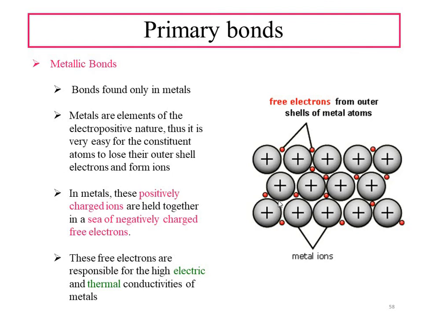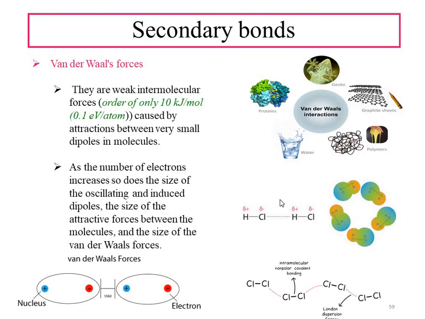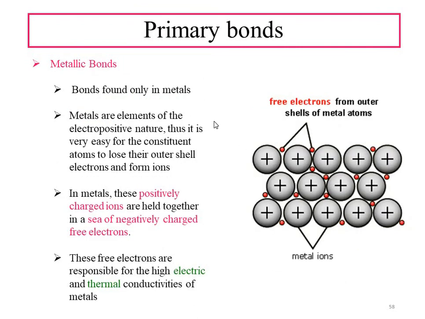So these three are the primary bonds: ionic bond, covalent bond and metallic bond, and it is very important that you keep these in mind. In the next video we will see how secondary bonds like van der Waals or hydrogen bonds look. Thank you for the attention and see you in the next video.